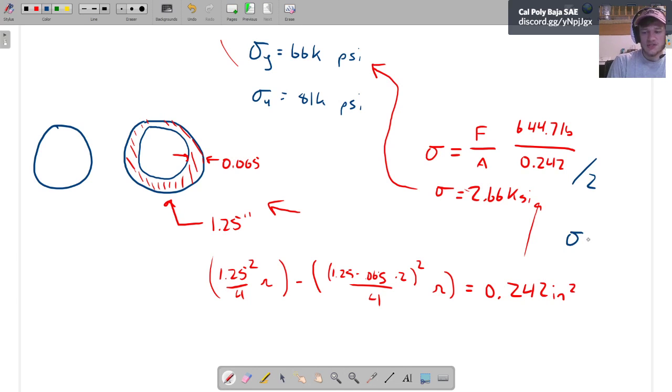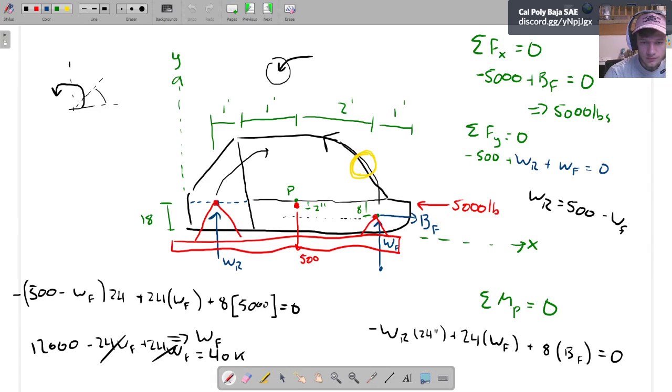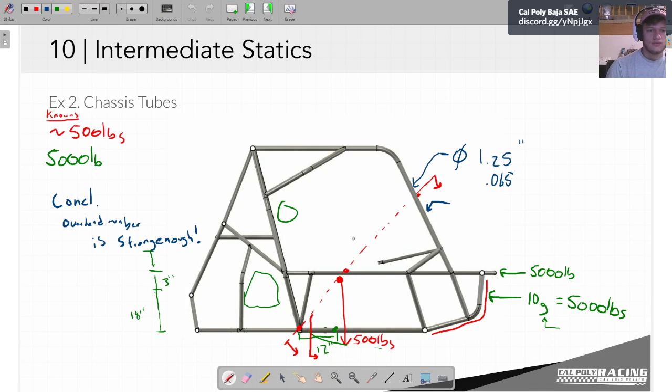So really, the stress that we're seeing in this load case with these assumptions is only about 1.33 KSI. So sweet, our chassis is super strong. That is an awesome answer to our question of, is someone going to die in a front impact?